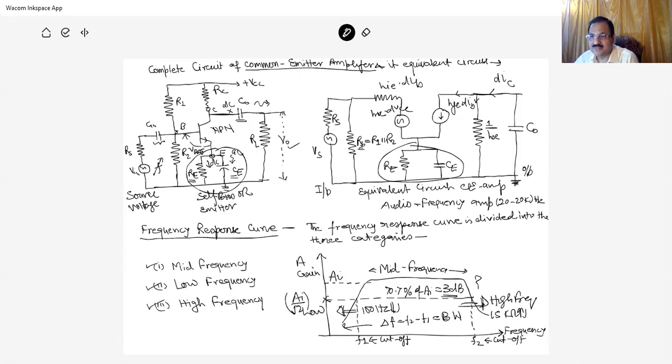In the mid frequency range, the gain is constant, and this gain is decreasing in the case of lower frequency as well as higher frequency. So the cause of the decay of the gain we have to analyze. This one is the gain versus frequency.